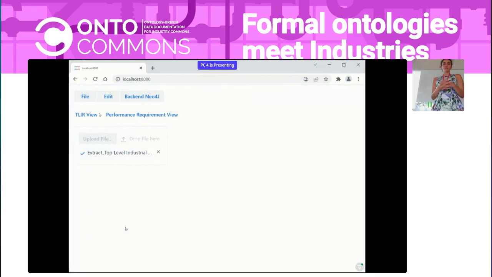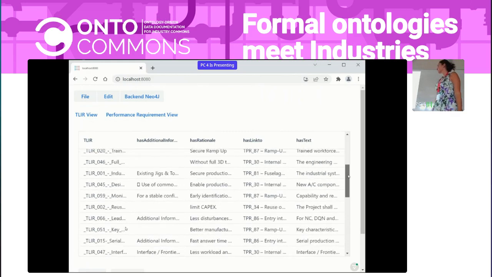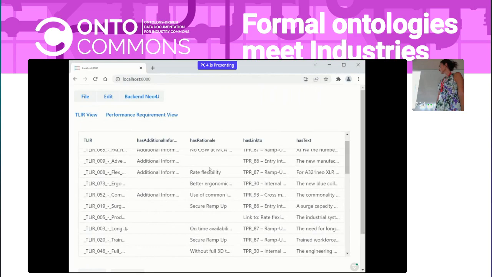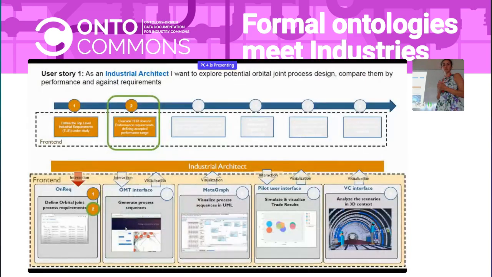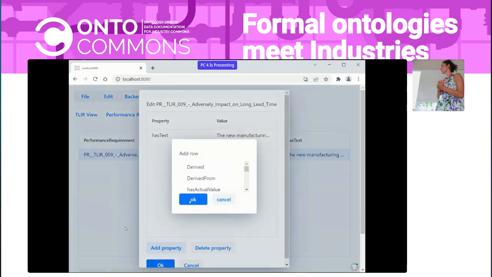Here you see that the information on the board is processed into the different classes of the requirement ontology that we're using, and then he can edit the information, and here he will refine the requirement to set a specific performance requirement.